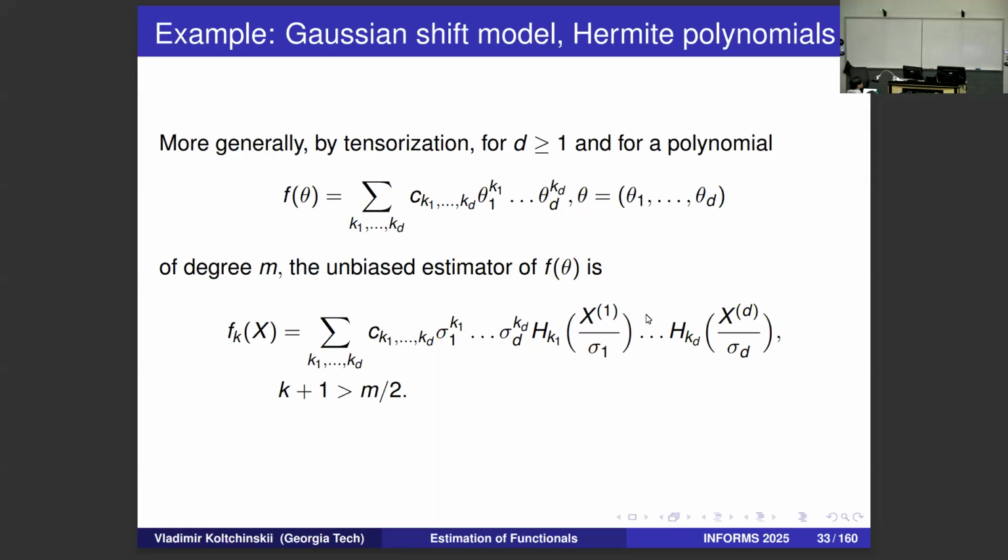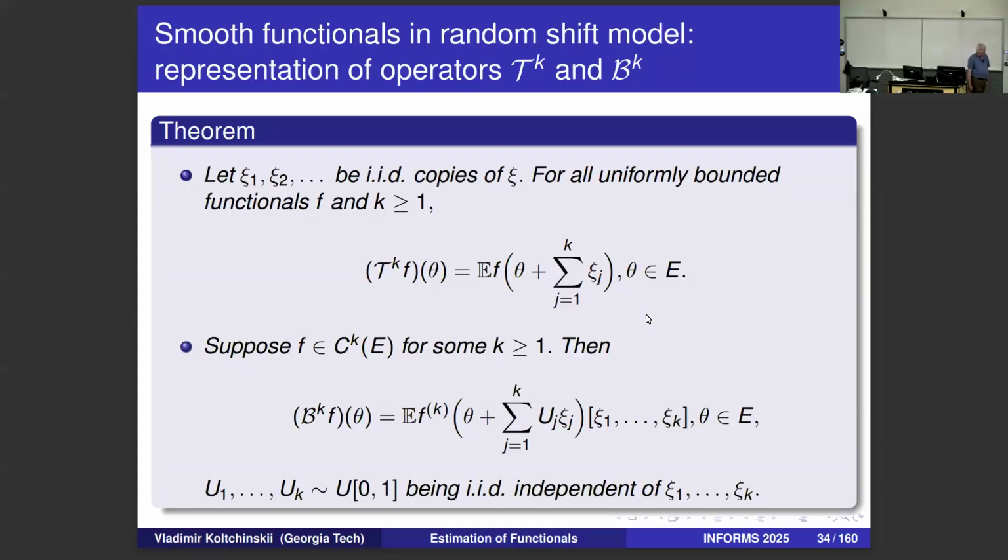So this was, of course, a very nice example of the Gaussian model, in which case you can do a lot and compute these things explicitly. But in the general case, it's not true that you can compute it explicitly.